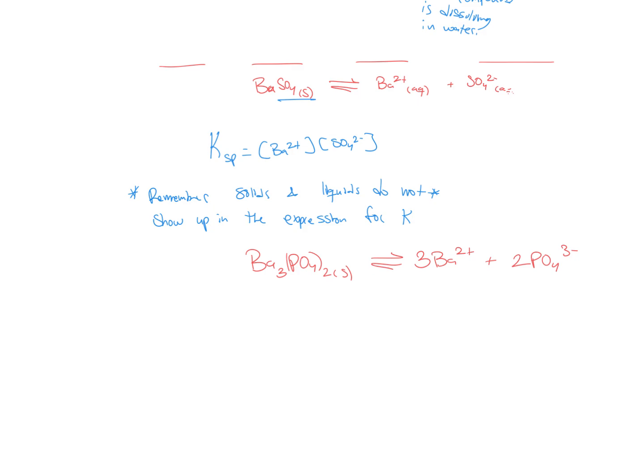If we do an expression for K here, KSP is equal to the concentration of Ba2+ cubed times the concentration of PO4 3- squared. And so the same rules apply for KC and KP as they do for KSP. It's just the event is different.